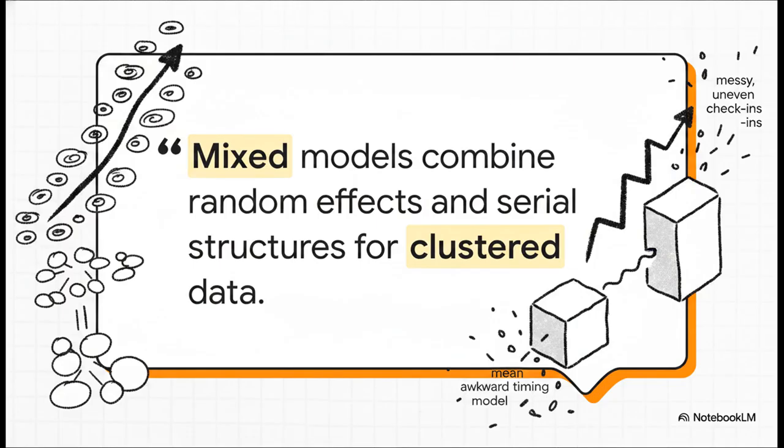A linear mixed model combines random effects and serial structures for clustered and nested data. See, instead of trying to cram our messy reality into a rigid traditional box, this model handles it by splitting the math into 2 distinct parts. You have a mean model that captures the overall big picture trajectory of the disease, and a covariance model that specifically wrangles all that individual variation and the awkward timing of the check-ins.